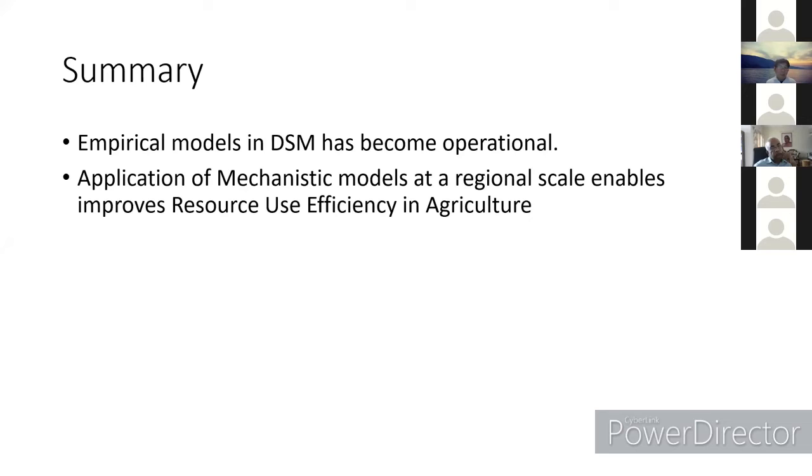But I think the next task is to use mechanistic models spatially. That means that in order to account for different spatial variability, you can use mechanistic, process-based models such as HYDRUS or any models that take into account that the soils vary spatially.